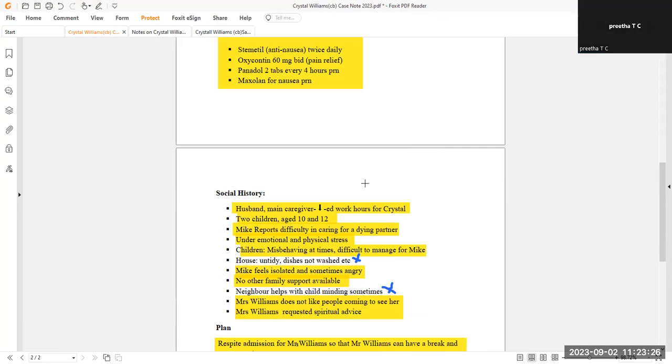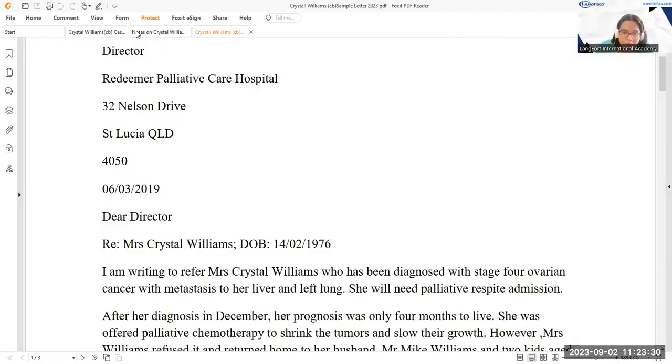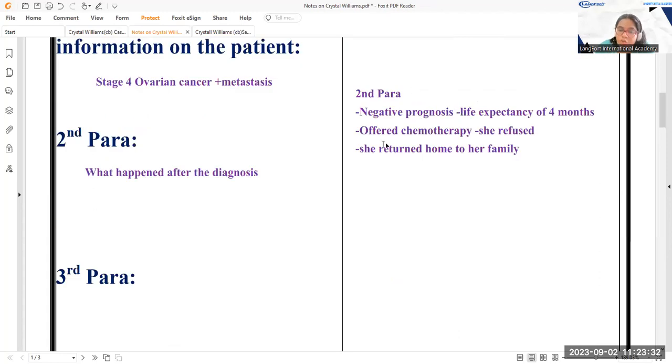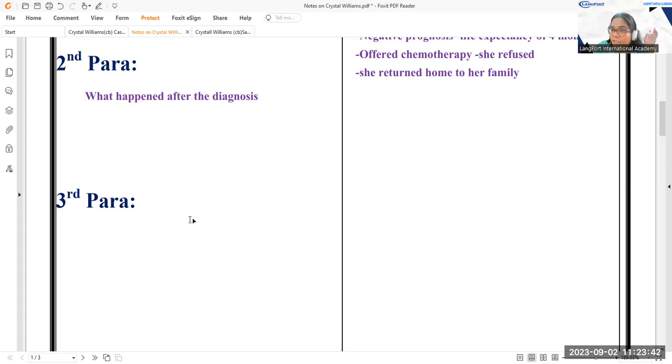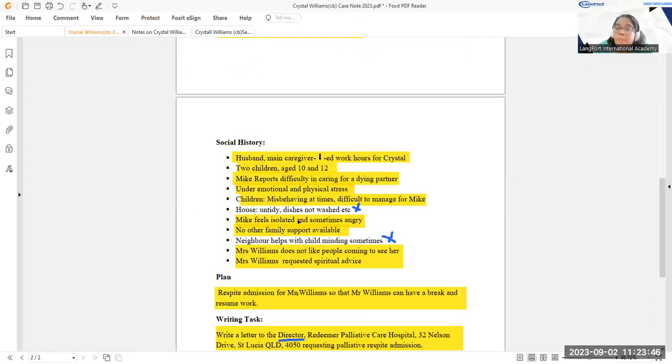Current medication. Can I start with current medication? Look at the paragraph here. You talked about what happened after diagnosis, what the life expectancy was, how we offered chemotherapy, how she returned to family. Now, can I just talk about current medication? Social and family, ma'am. It would be better if we talk about the other problems, the problems being husband, family issues.